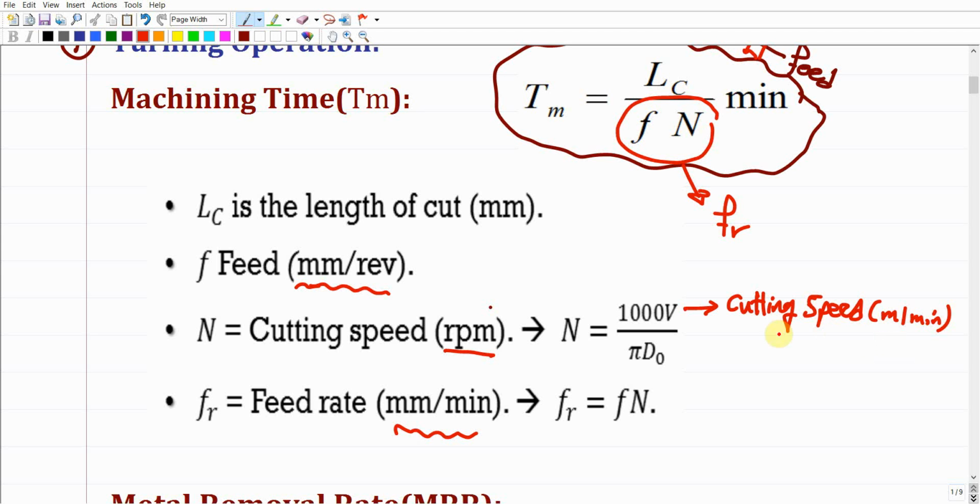So the question is, in case V was given to you, here we need N, not V. Both are the cutting speed, but the difference is the unit, right? We need the cutting speed in terms of revolution per minute. In case it was given to you in the problem in terms of meter per minute, you have to convert it into revolution per minute by multiplying V times 1000 and dividing by D0. What is D0?